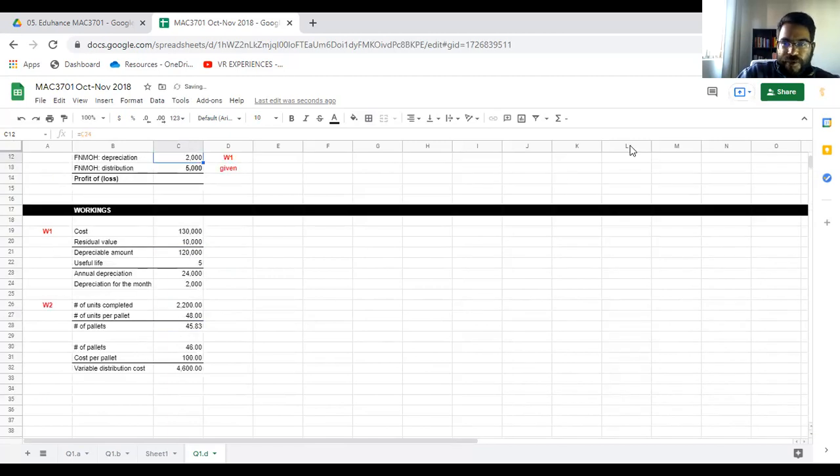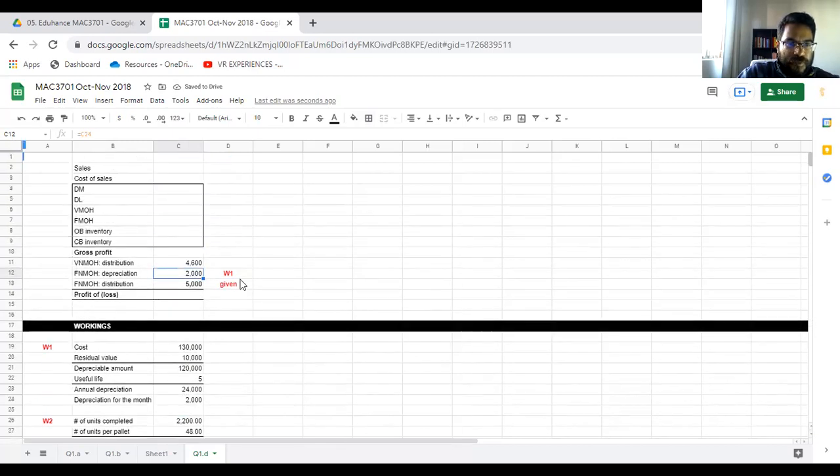so that there's no confusion. I'm just putting those variable and fixed there, just so you can see the thinking process, to show you that when you use absorption costing system, you have sales less cost of sales, which gives you gross profit.